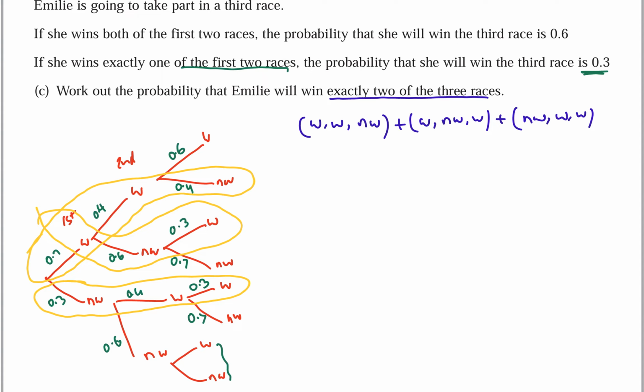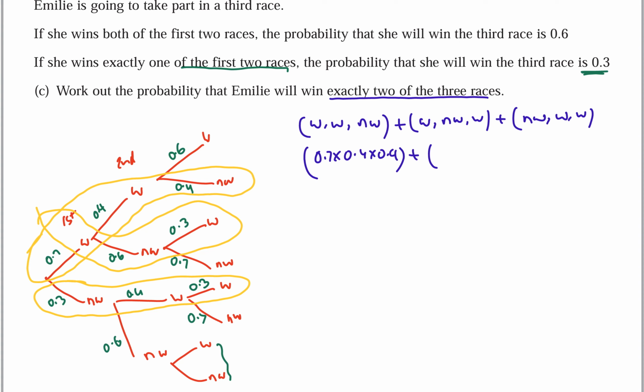So then we can do win and win. So that will be 0.7 times 0.4 times 0.4, and then plus our win.